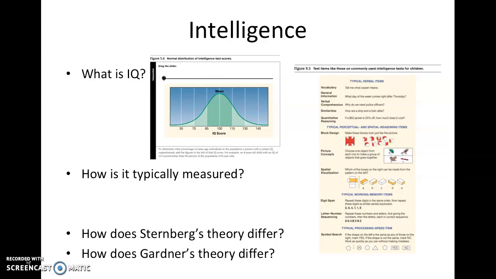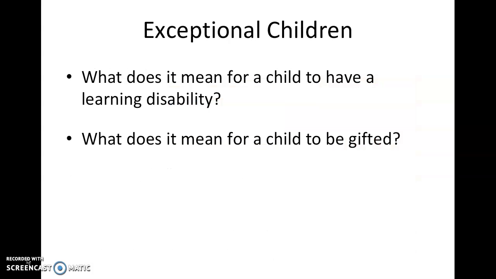One other thing I wanted to bring up real quick is this idea of being exceptional. Oftentimes, when we think of exceptional, we think of children who are at the lower ends of intelligence, over on the left tail of the bell curve. But really, it means children on either side, so the very top and the very bottom.